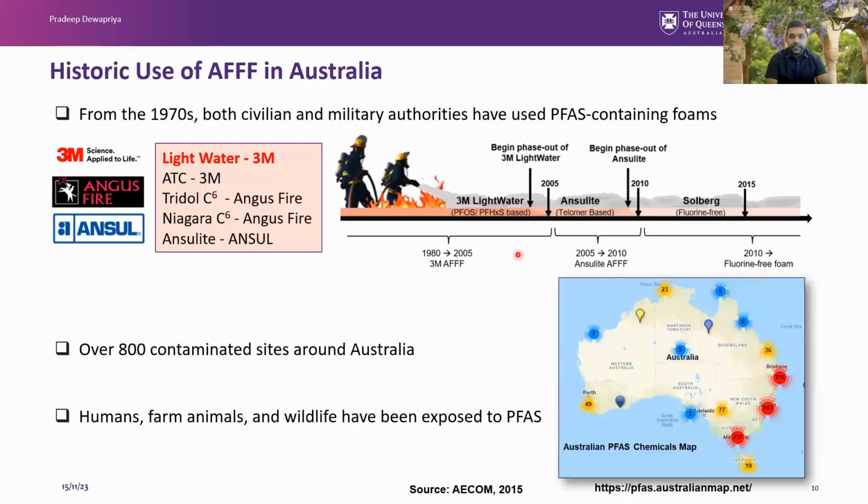But still, this is the major source of PFAS contamination in Australia. This historical use of PFAS-containing AFFF has contributed to over 800 contamination sites around Australia. Humans, farm animals, and wildlife in Australia have been exposed to PFAS through these contamination sites.